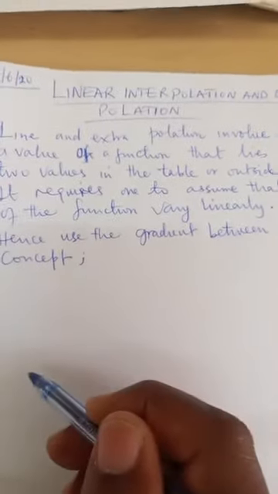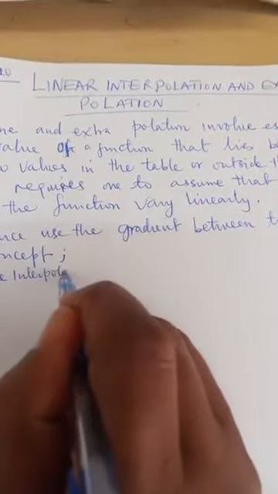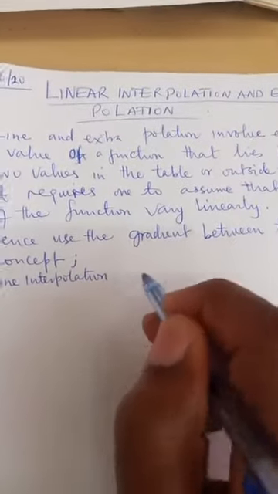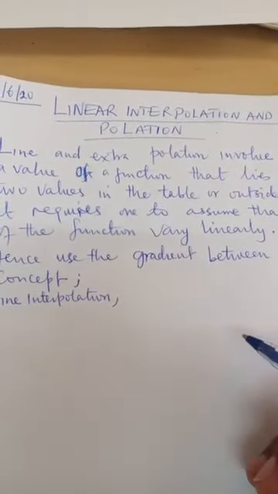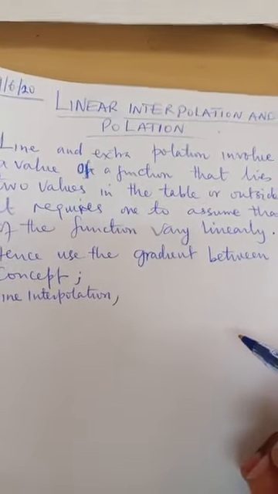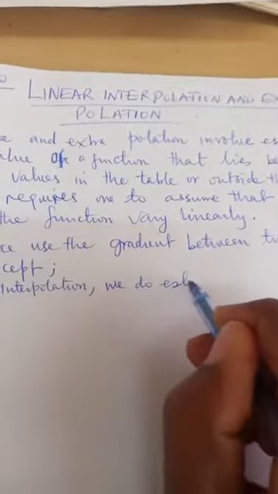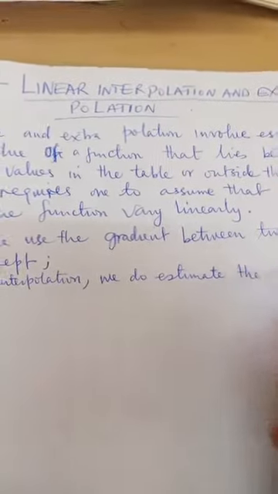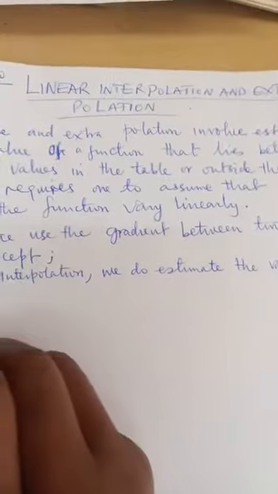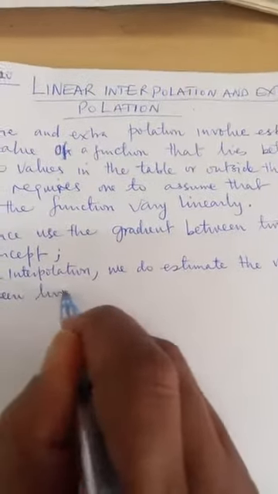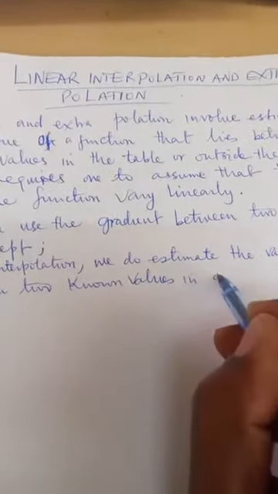As I wind up with the introduction, I can say that for linear interpolation, we estimate the value of a quantity between 2 known values in a table.